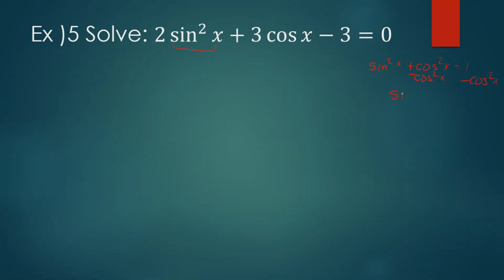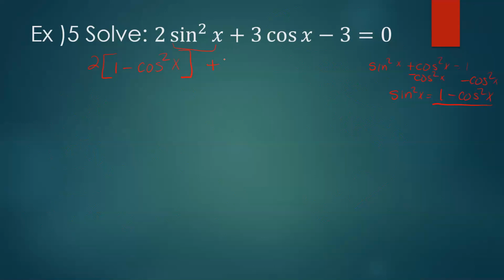So you would get sine square of x equals 1 minus cosine square of x. So what you can do is replace sine square of x with this. Go ahead and do it. So 2, and then replace sine square of x with 1 minus cosine square of x in brackets, and then just bring down the rest.